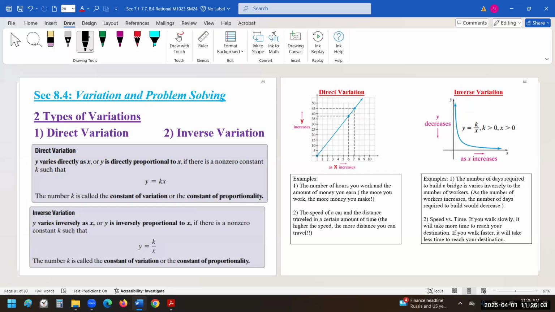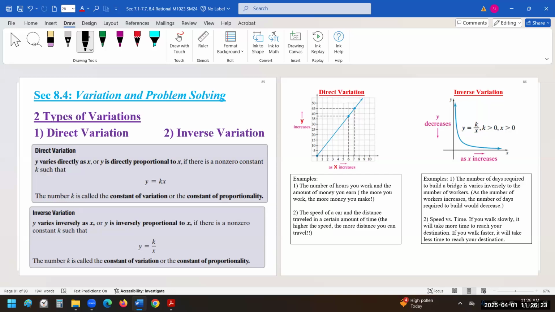What do you think the relation is? Direct or opposite? The more hours you work, do you get more money or less money? More money. So you see, both of them are increasing. The more you work, the more you earn.